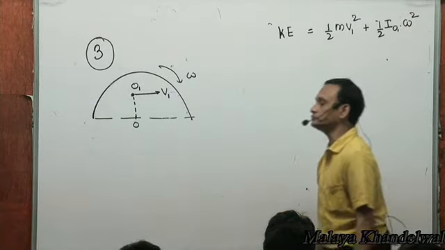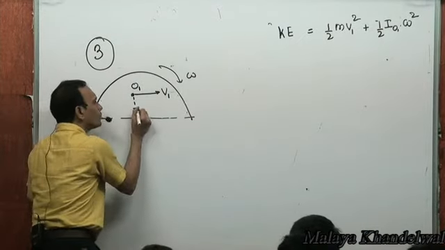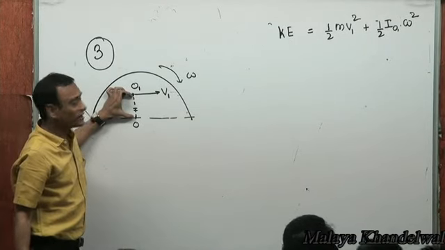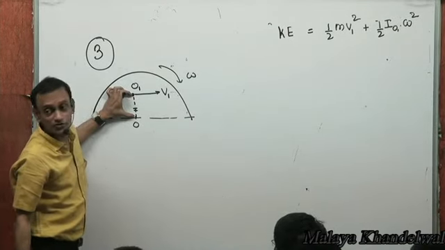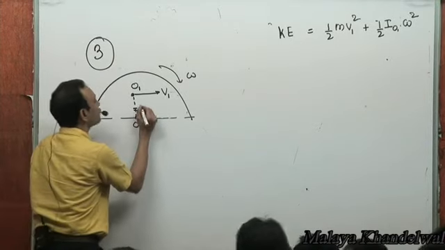Now, first things first. Let me locate the center of mass of the disk. In a semicircular disk, the center of mass is 4r by 3 pi from O, right? So this is 4r by 3 pi.